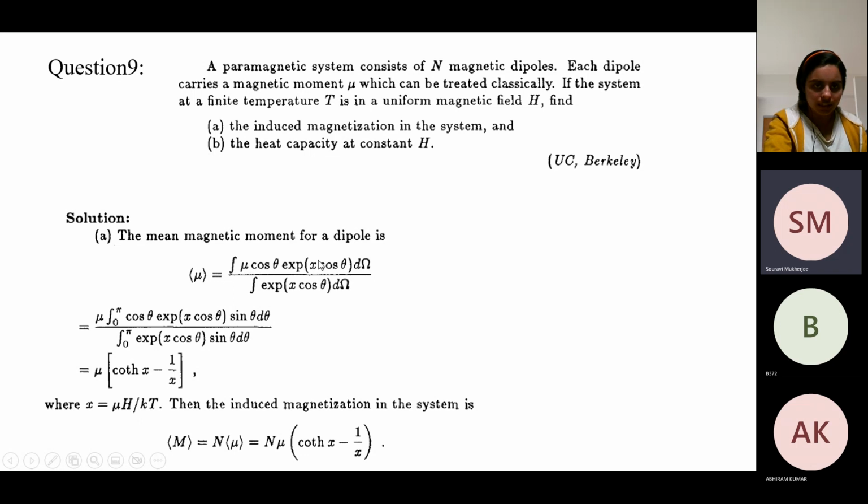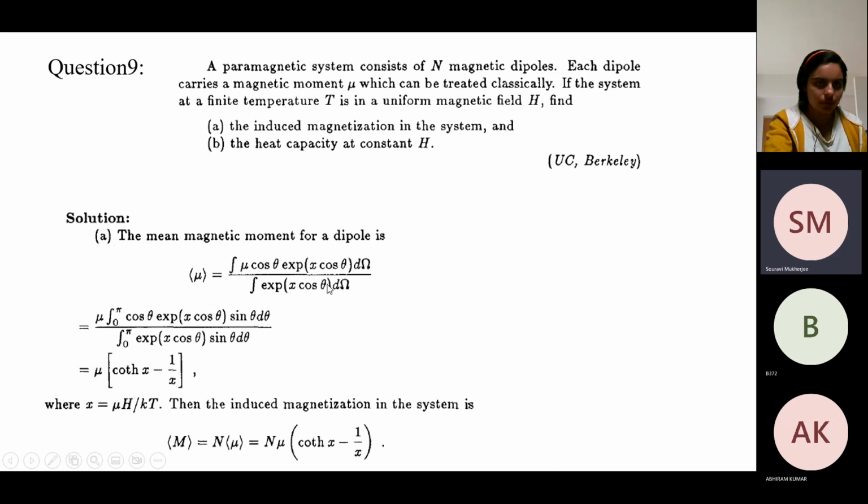What you are actually finding is the expectation value of the magnetic moment, the mean magnetic moment. And d omega is the steradian, so you can write it as sin theta d theta, and then integrate.